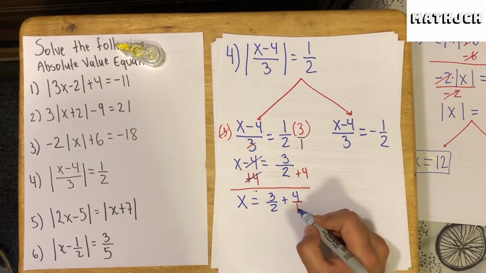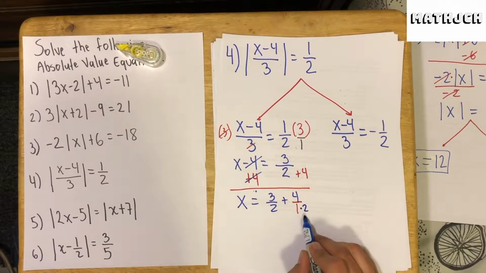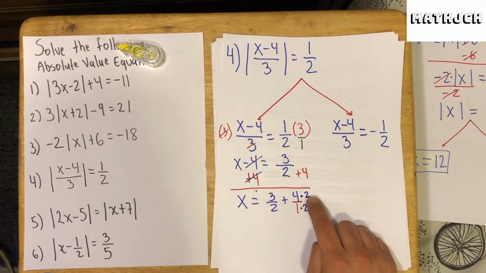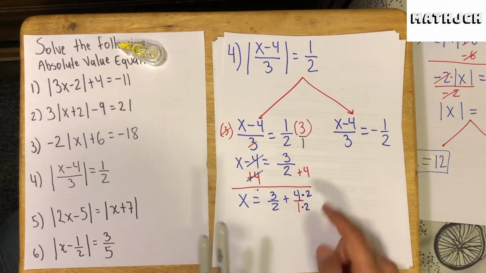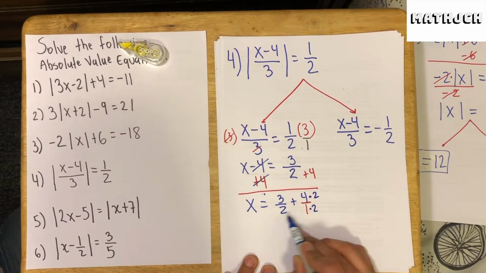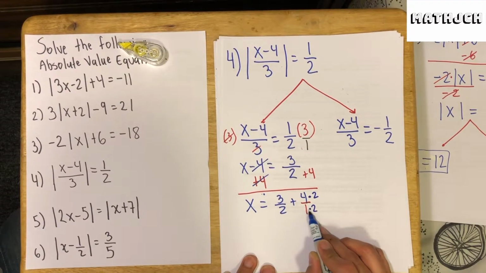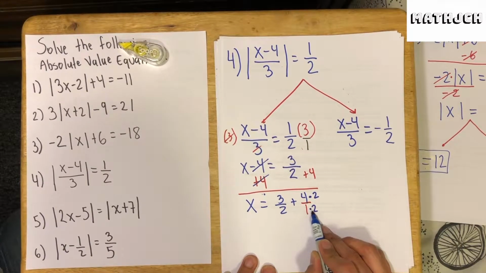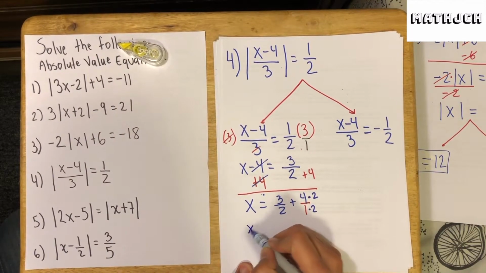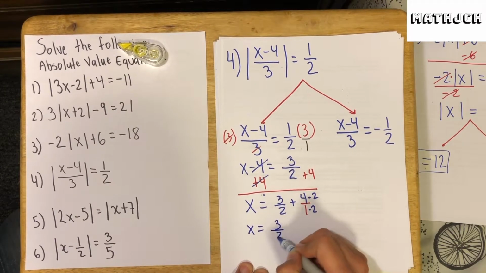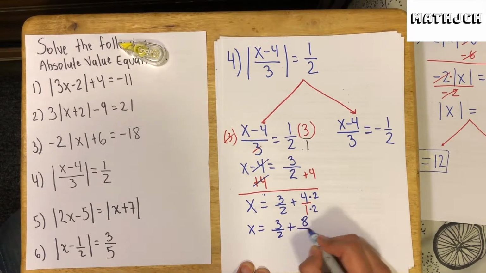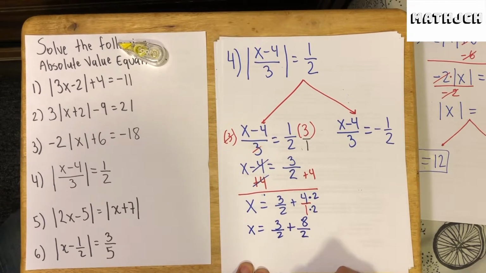So I could multiply 1 times 2, but if I multiply the denominator, I also need to multiply the top, or the numerator in this case. This one is already 2. So we only need to change the 1 into a 2 by multiplying the denominator and the numerator by 2. So I'm going to have 3/2 plus, and then 4 times 2, that will give me 8, and 1 times 2 is 2.